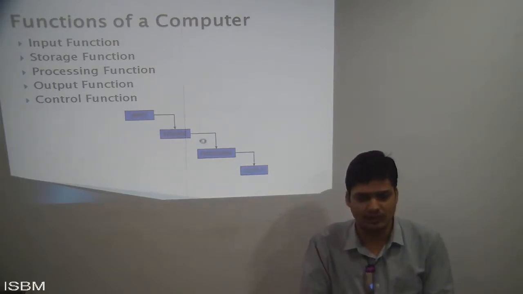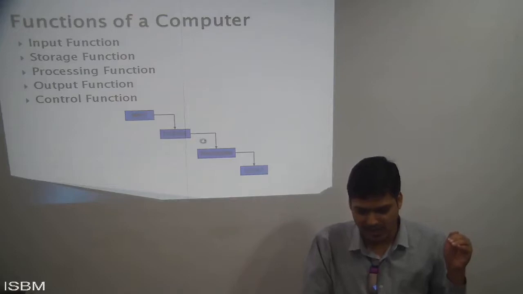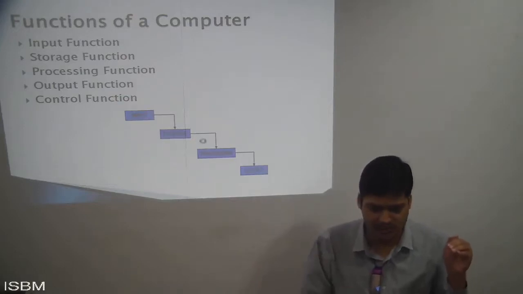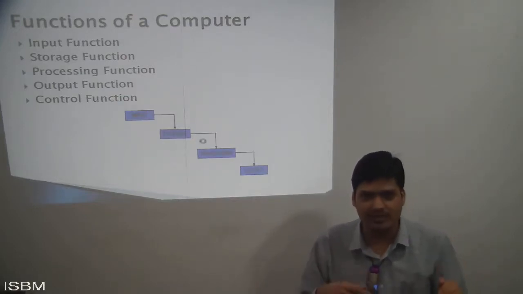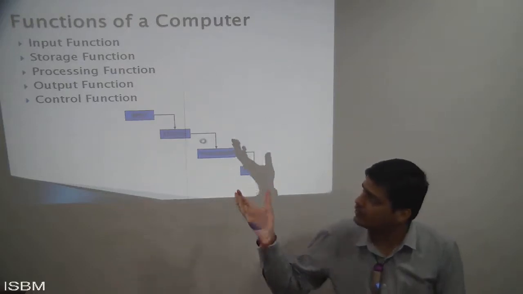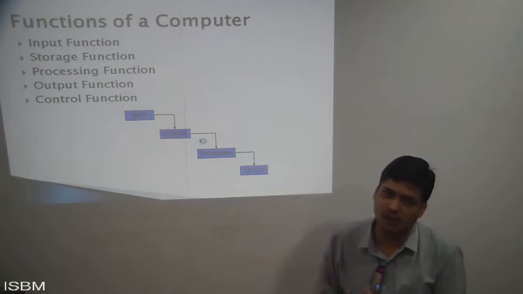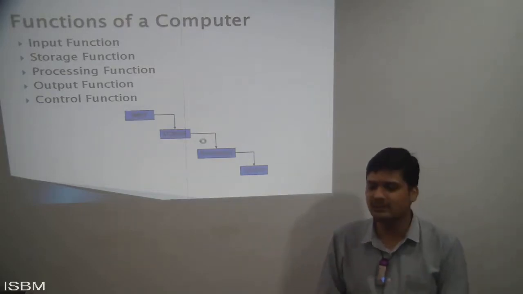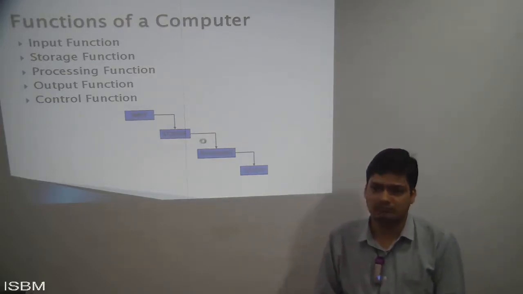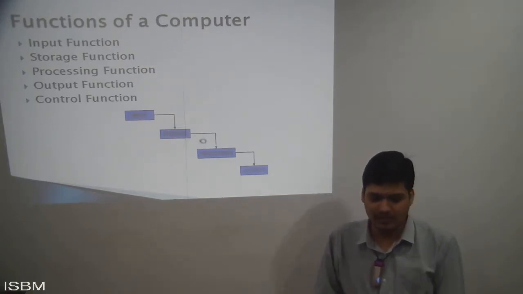Output function, what do we have to talk about? Just like initially, when you start the system, you give some input, it goes to the processing, and after processing, it will give you the output. If I give a simple example, I have written one mathematical code for addition of two numbers.